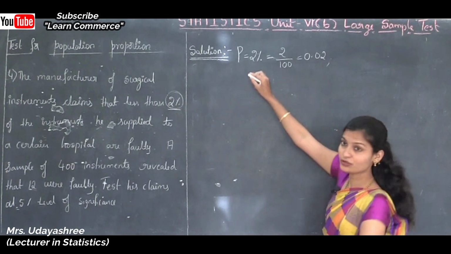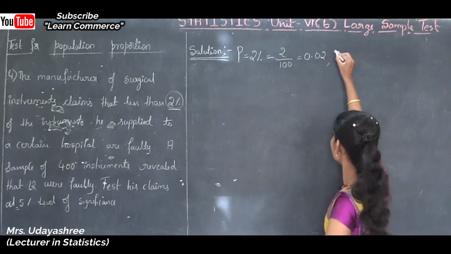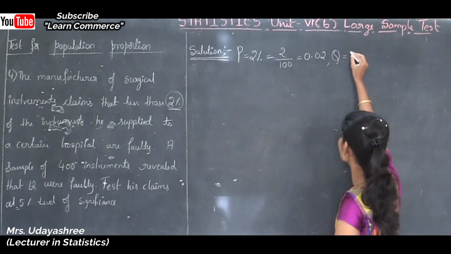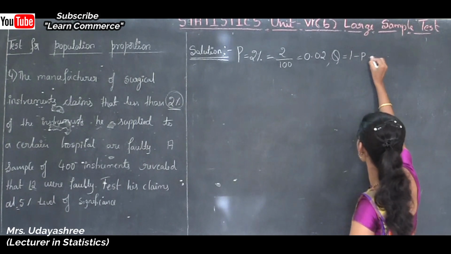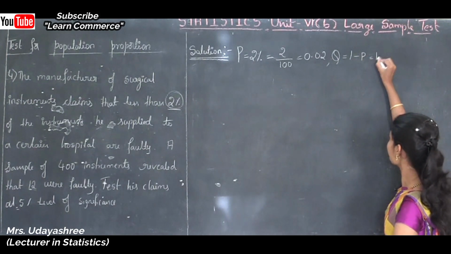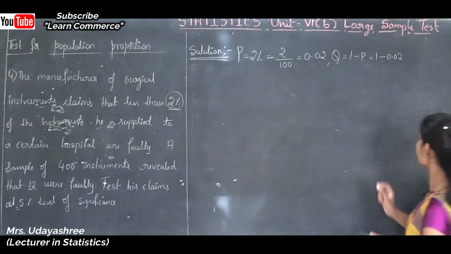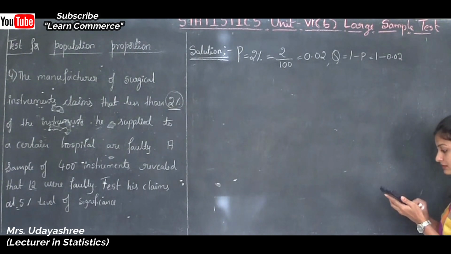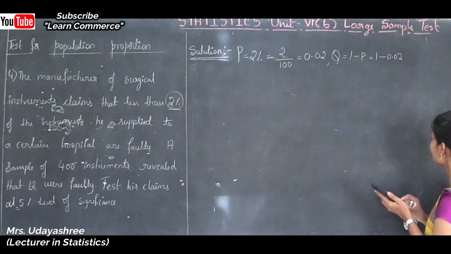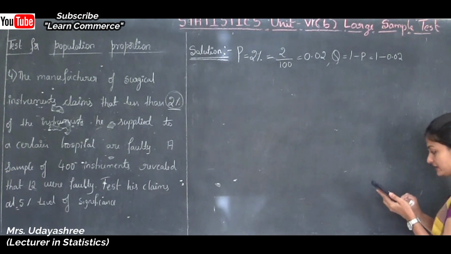Then if we know the capital letter P value, then we can easily calculate Q, that is 1 minus P. So here P value is 0.02, so 1 minus 0.02 is 0.98.